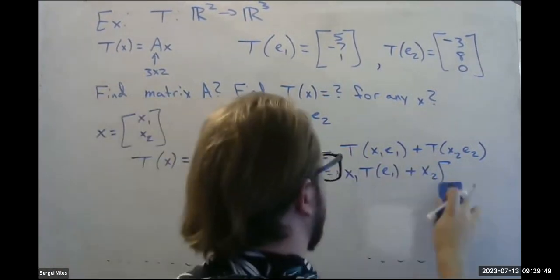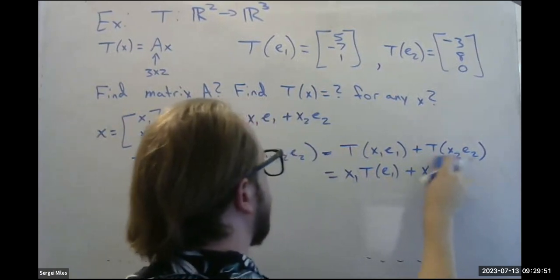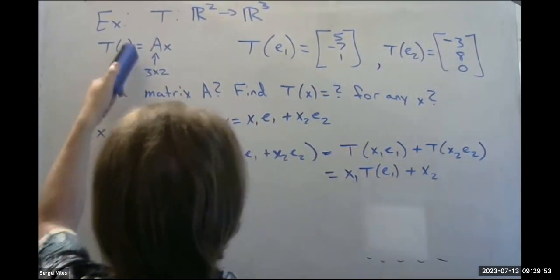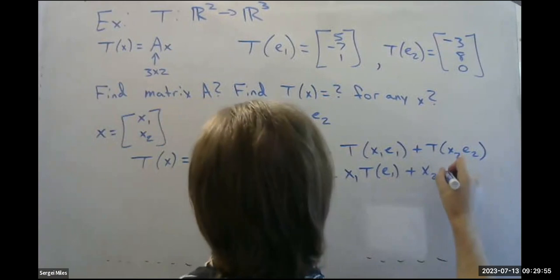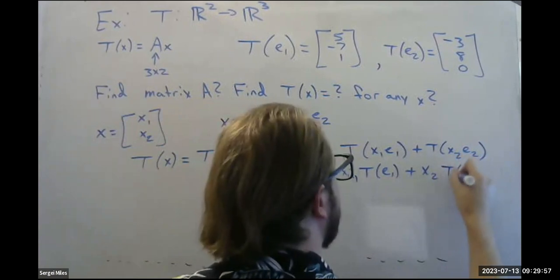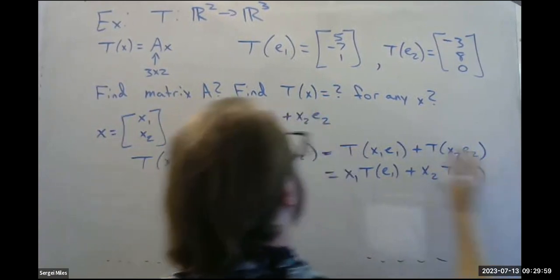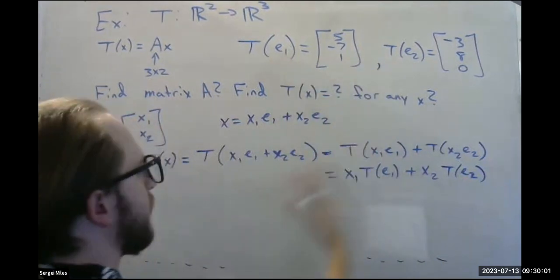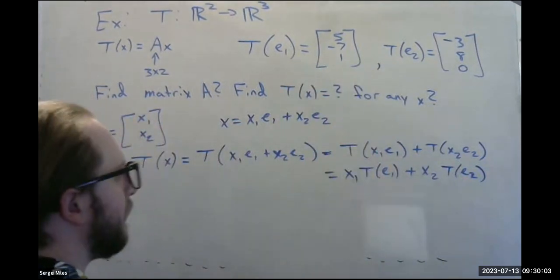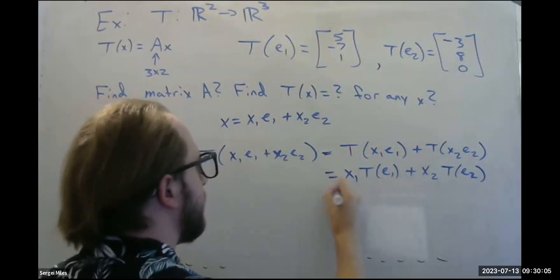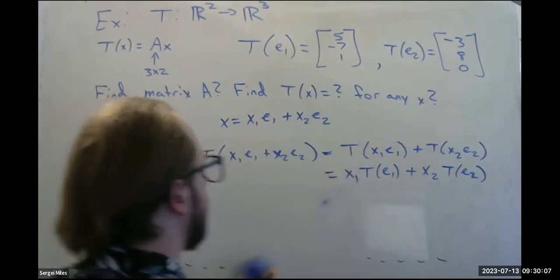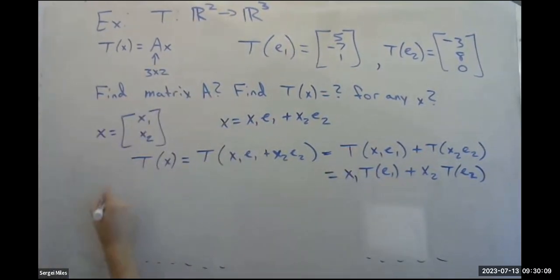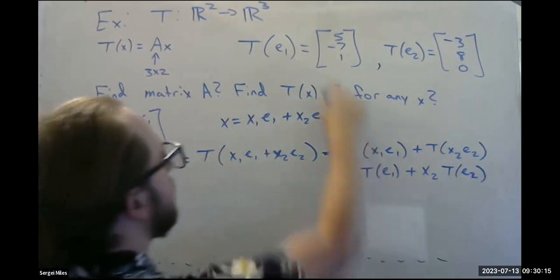So even though I don't know what x is, even though I don't know what the matrix A is, I can still use these facts to try to piece together what's happening here. So this then is a combination, and I'll write it over here. So T of x is this combination of these vectors.